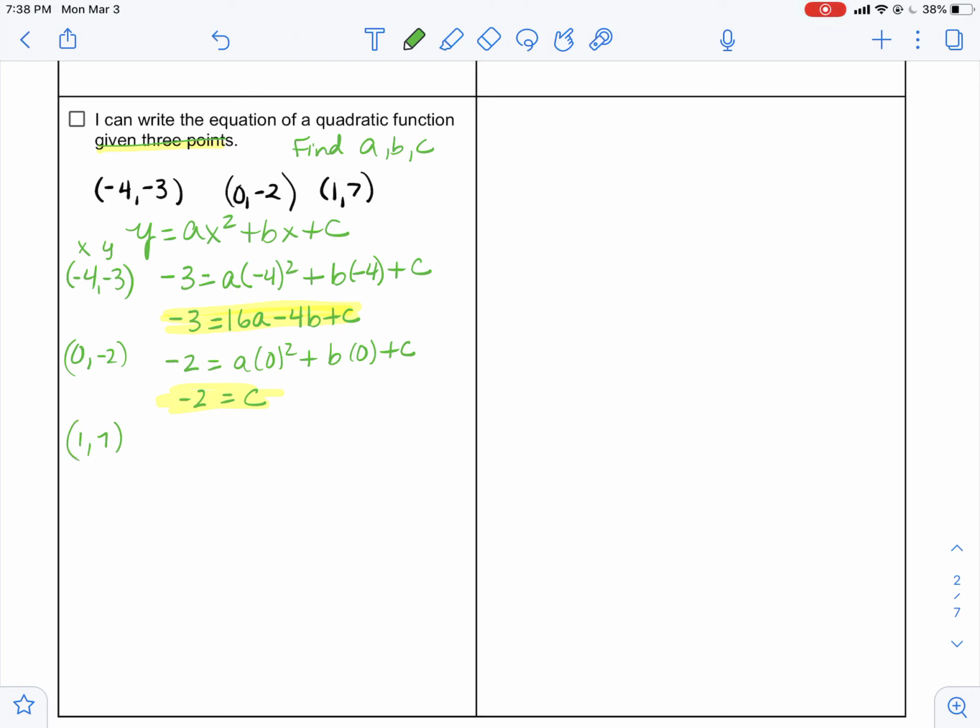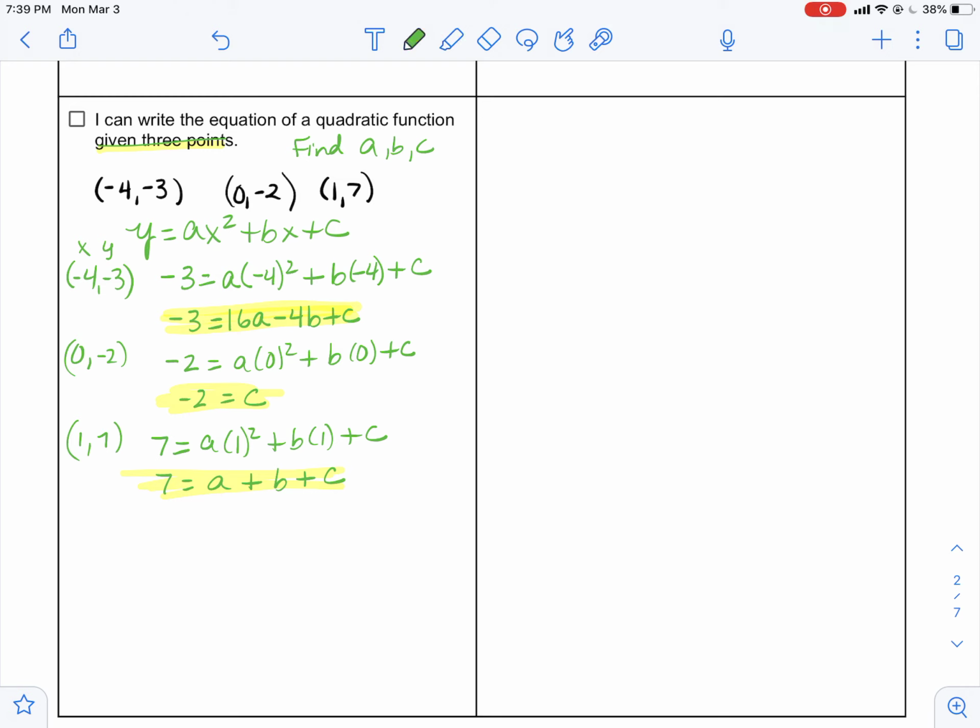So y equals a x squared plus b x plus c. So 7 equals a plus b plus c. Okay. So those are my 3 equations that I have.